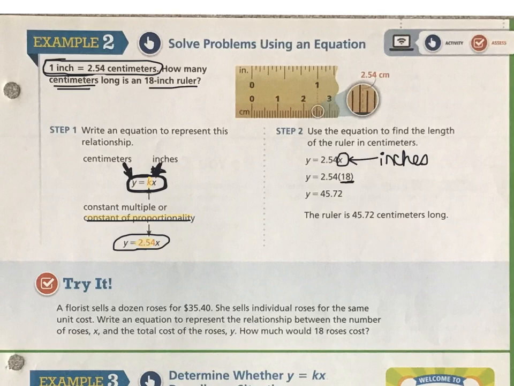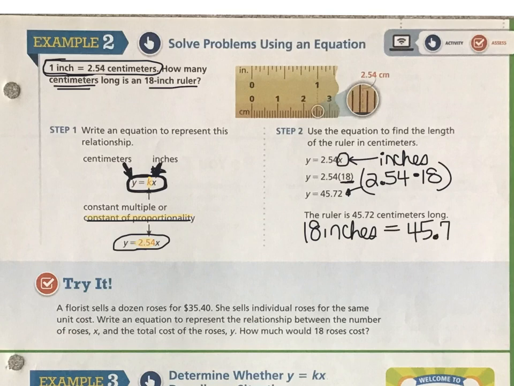And we find out when we multiply 2.54 times 18, that's what we're doing here, that we get 45.72. So that means the 18 inches on the ruler is equal to 45.72 centimeters. So you can see that we can use the equation in order to solve another problem.